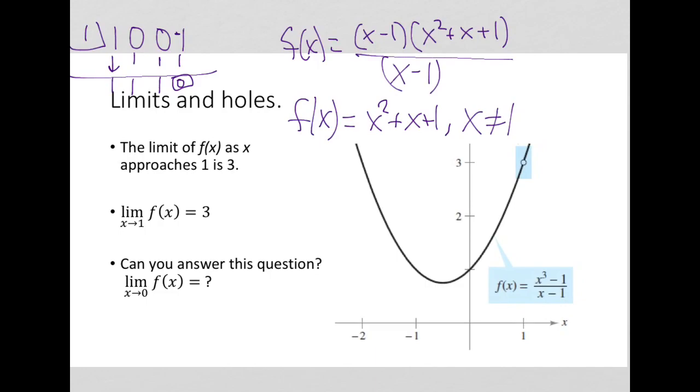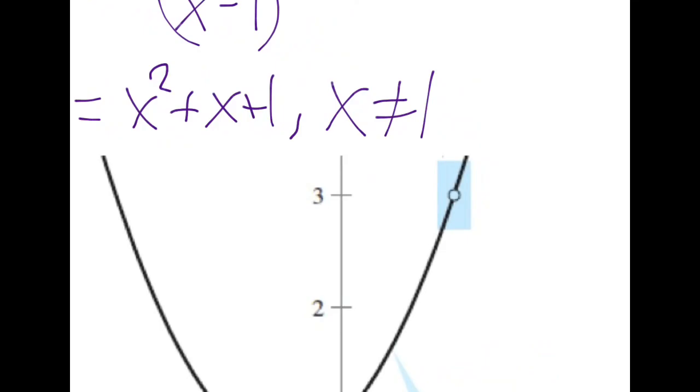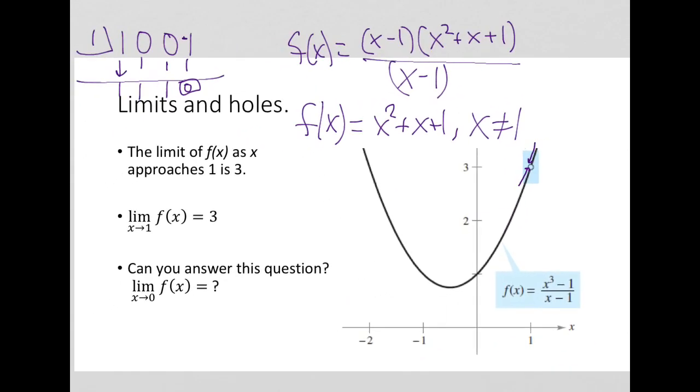So we can say that the limit of f of x as x approaches 1 is 3, because if you look at our graph, as we're going up to that point and as we're coming down to that point, we are hitting the y value of 3 right there. So you can tell by looking at a graph what the limit of a function at a specific point will be just by looking at where it's going.